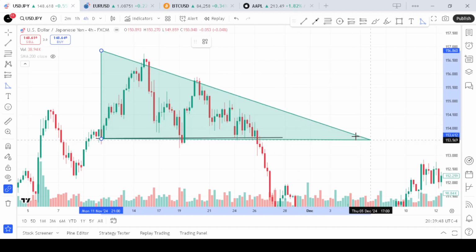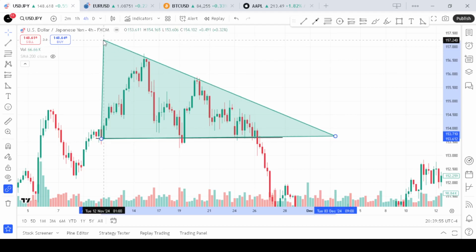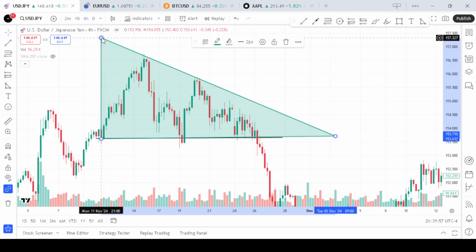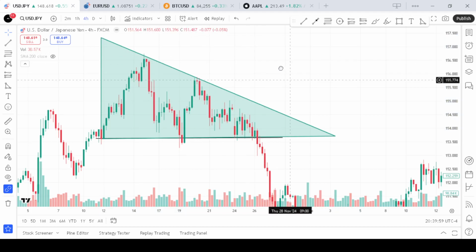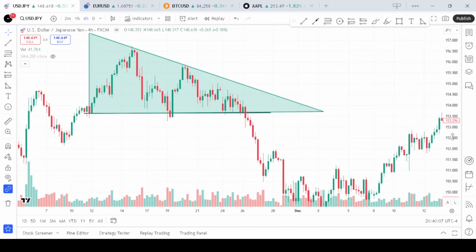This is exactly the formation of the descending triangle before we broke out to the downside. Remember, buyers attempted to hold their ground at the support area before it broke out to the downside. Do not forget all these key points.